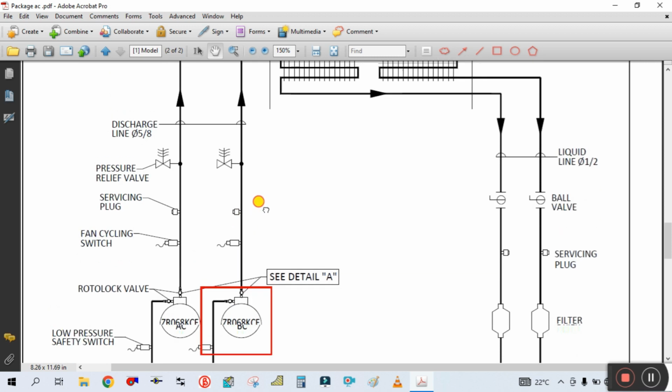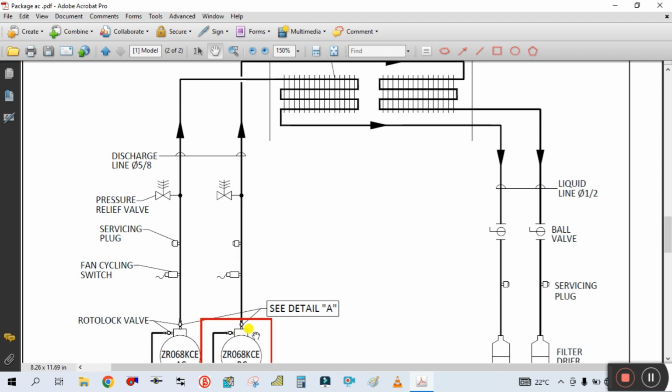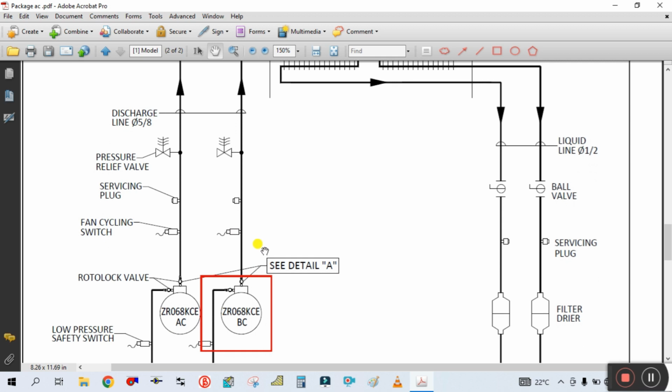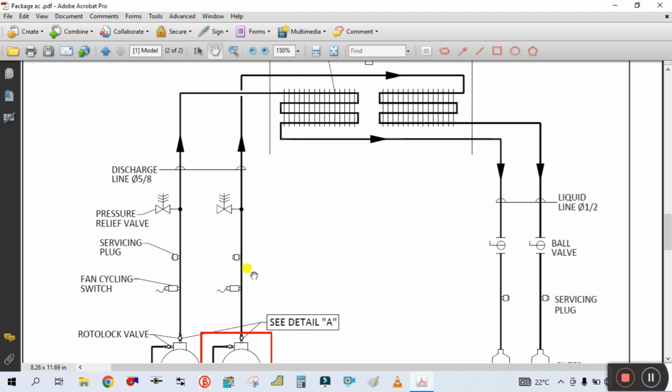And this high pressure and high temperature vapor refrigerant will pass through the discharge line from this side.